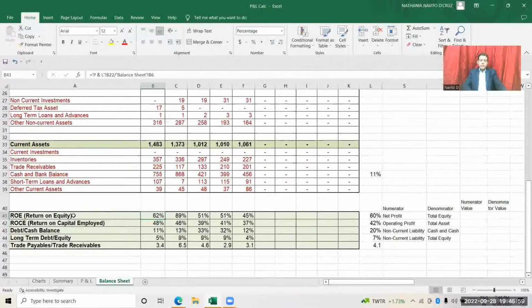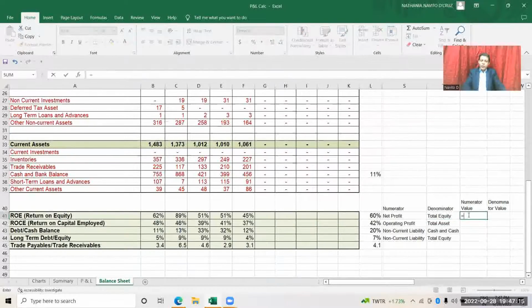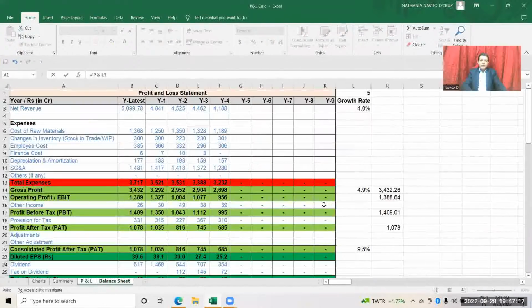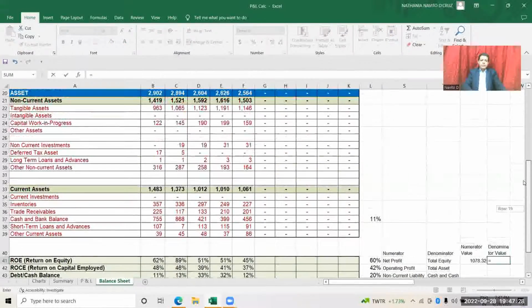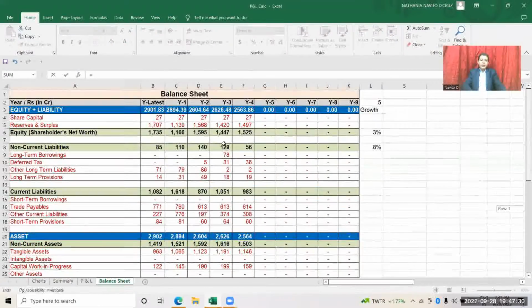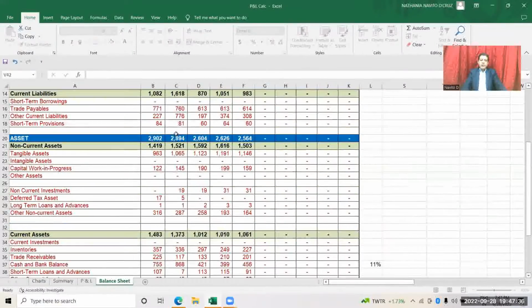So the return on equity, this is the net profit earned over the equity. So the numerator is the net profit, that net profit we get from the profit and loss statement, and the denominator is the equity of the company. So let us take the net profit of the company. We have seen for this particular year, consolidated net profit 1078. And then the denominator is the total equity. So total equity, as we see here, is the shareholder net worth 1735.